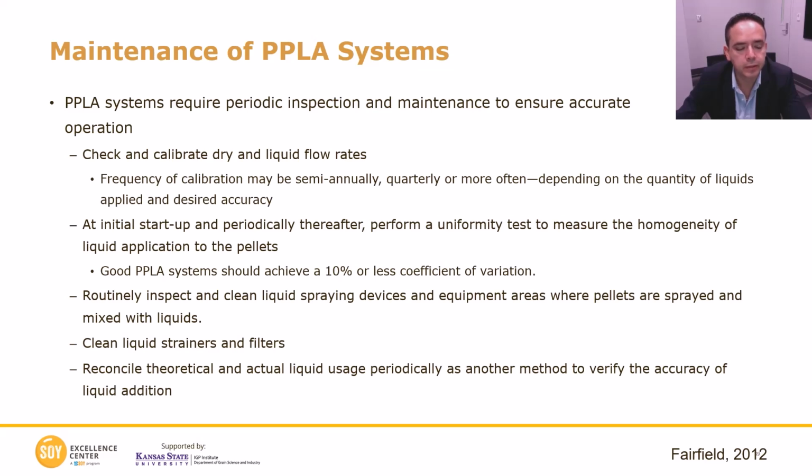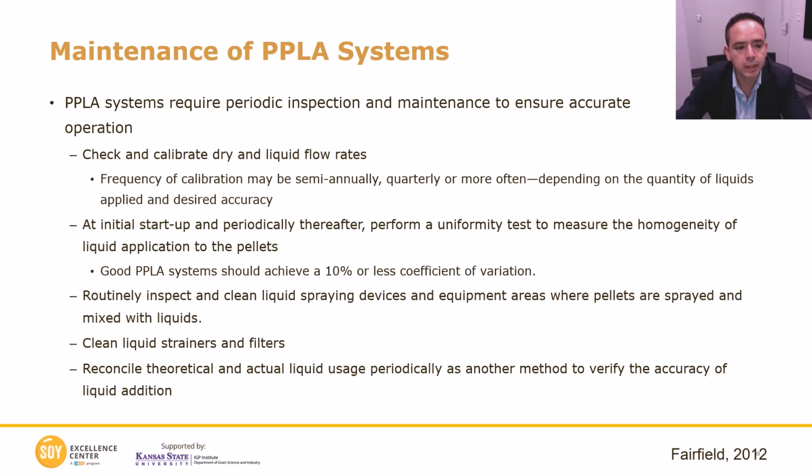Frequency of calibration might be semi-annual, quarterly, or more often, depending on the quantity of liquids applied and the desired accuracy. At initial startup and periodically thereafter, you need to perform uniformity tests to measure the homogeneity of a liquid application to the pellets.